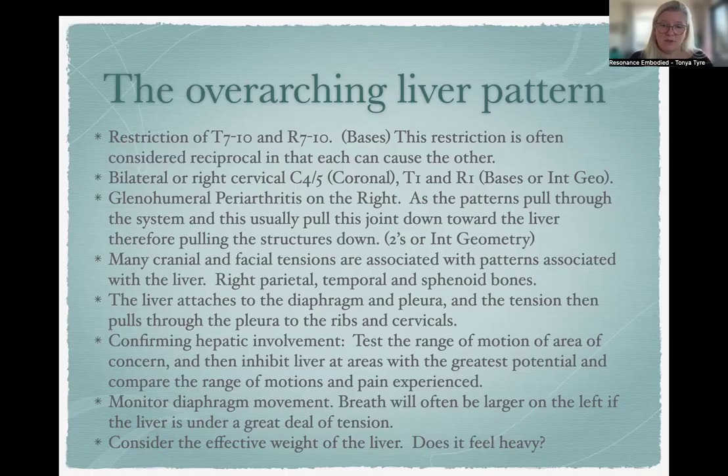We can have the person test the range of motion before we do this, then put the pressure on and test the range of motion in the shoulder again, and it improves. And so it really helps people understand why you're working where you're working, even though it seems like it's nowhere close to their area of symptoms. I do find that inhibition can be a great tool for communication.